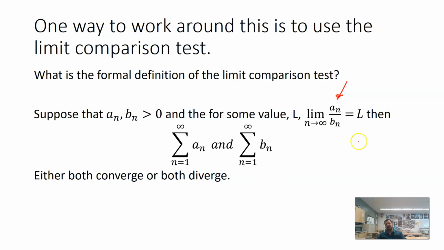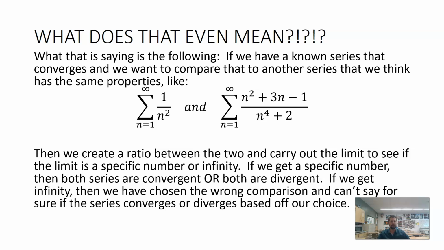If I get a number of some sort, and it can be any number, as long as that number is a specific number, then whatever the one function does, so too the other function must do. Because if I were to compare this particular series to this particular series, I can see that they have similar characteristics as the terms get really, really big. In other words, their horizontal asymptotes are the same for both of them.